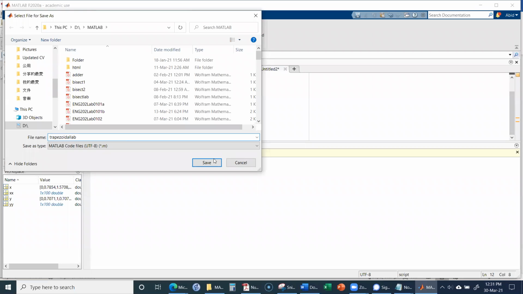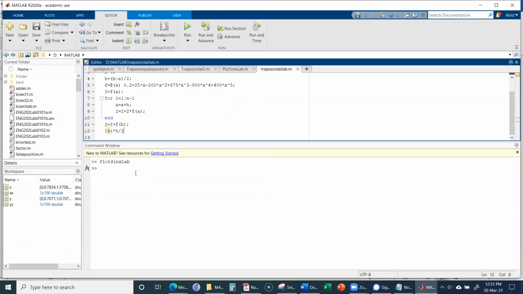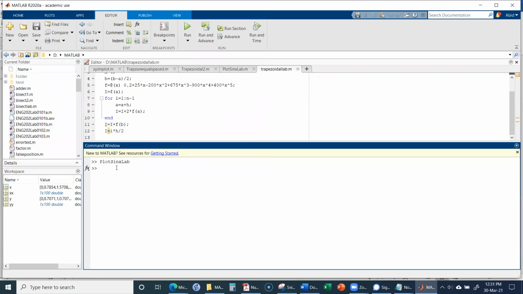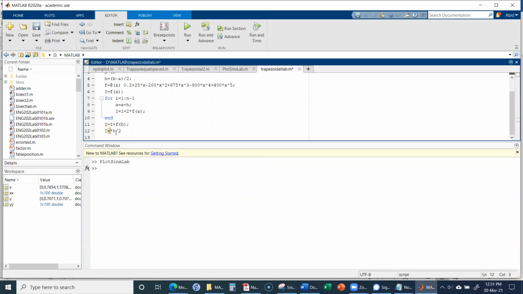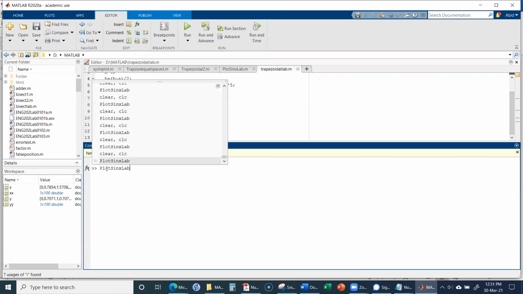Okay, I have saved it, and then let's run this. Why is it... lowercase i? Okay, my mistake.